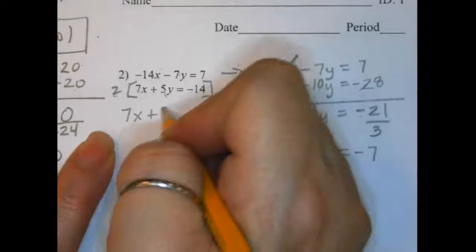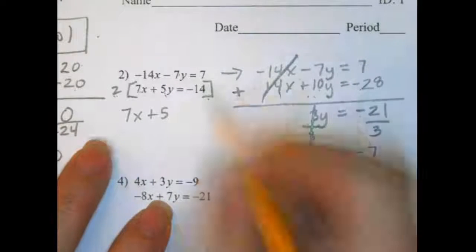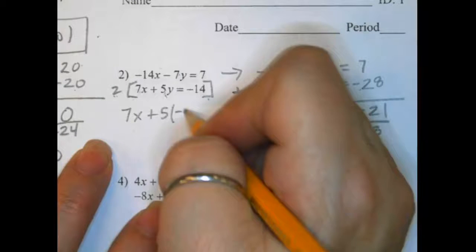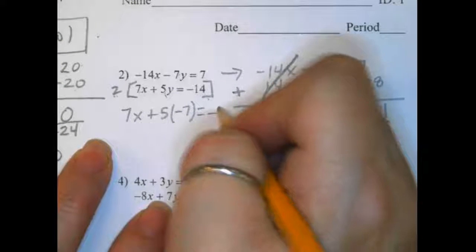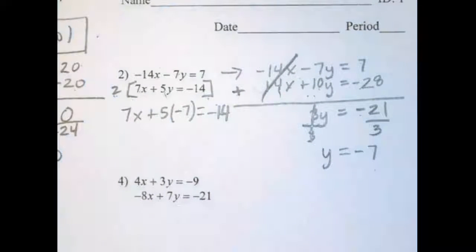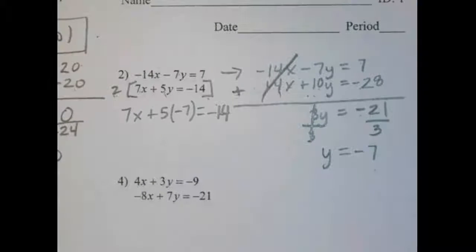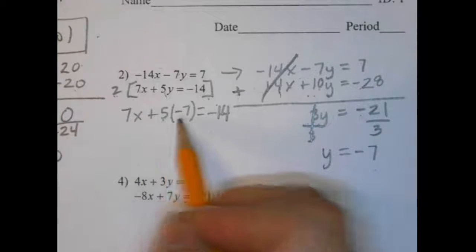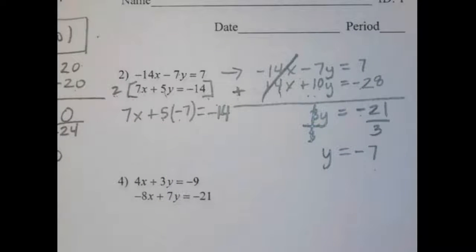7x plus 5, and instead of y, in parentheses, we're going to do a negative 7. Equals negative 14. What is 5 times a negative 7? What's 7 times 5?